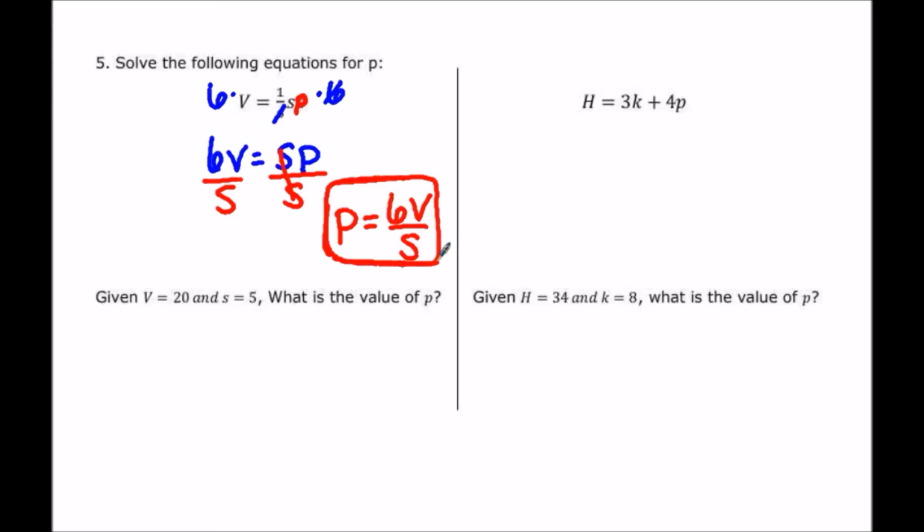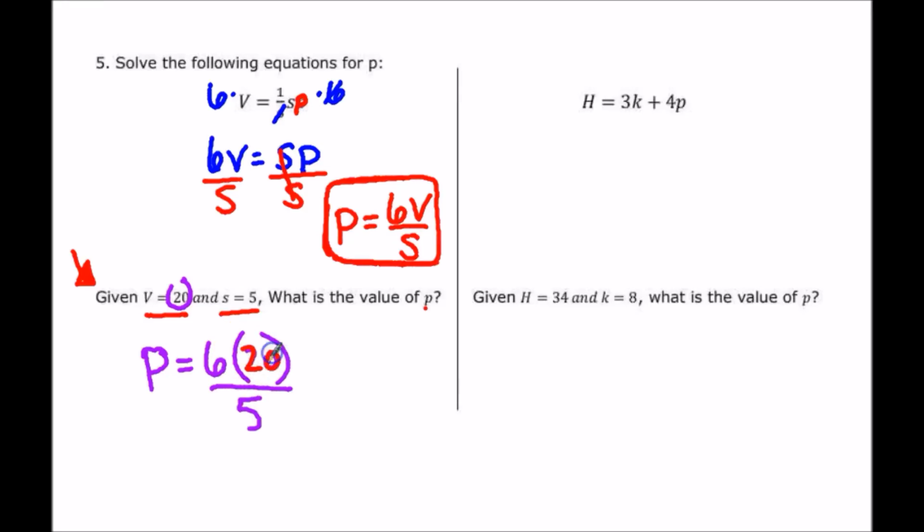Very, very basic. But now we have to solve for something. It says that V is 20 and S is 5. What is P? Well, what makes this nice and easy is since P is already by itself, we're just substituting in. So let's check this out. P equals, we said, 6 times 20 divided by 5. Because 5's your S. We can color code that.